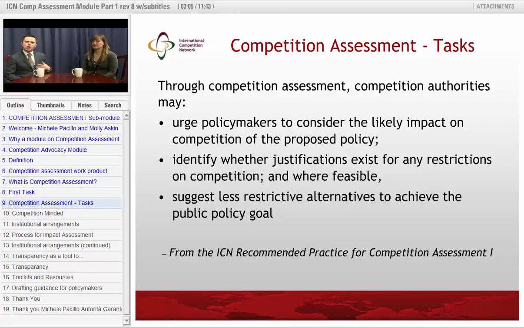In other words, competition agencies could be more proactive, and suggest to policymakers whether less restrictive alternatives would achieve the intended public policy goal. However, being proactive means more resources involved, and this is not always possible.